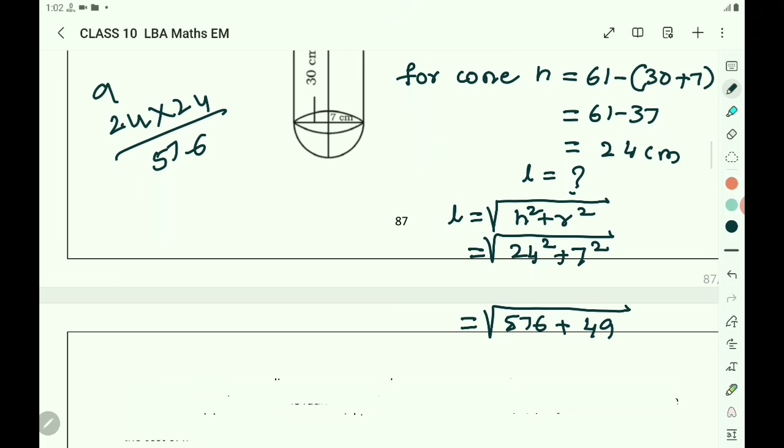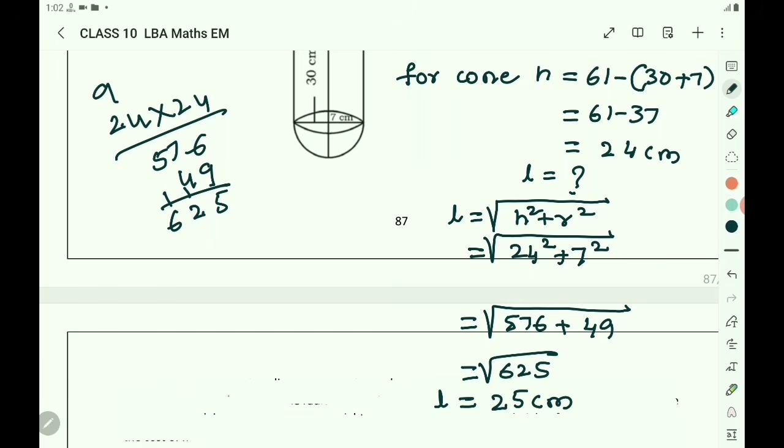So add 576 and 49. You got 625. Square root of 625. So you got L is equals to square root of 625, which is 25 centimeter.